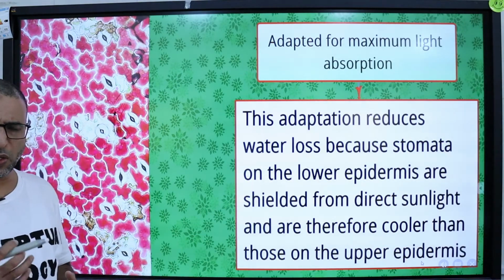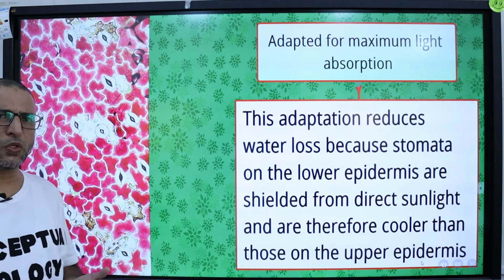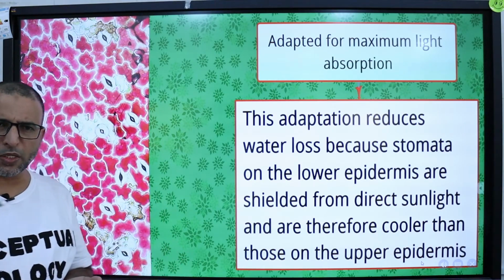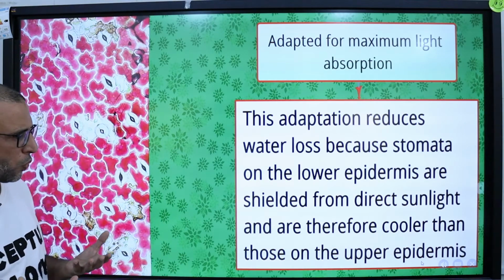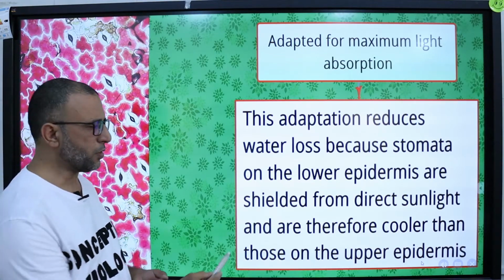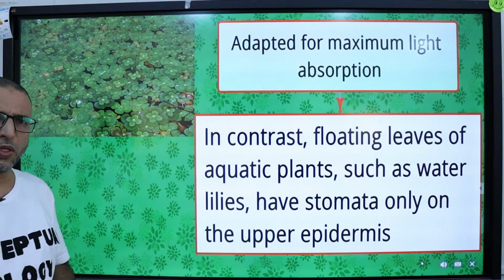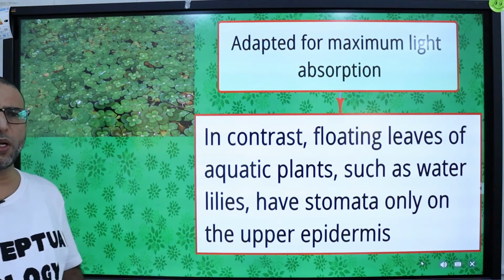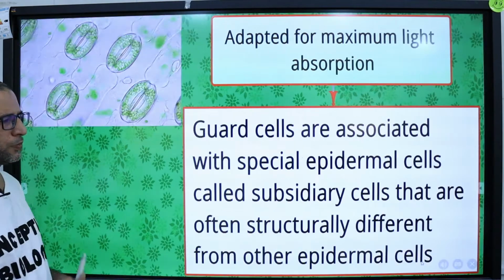This adaptation reduces water loss because stomata on the lower epidermis are shielded from direct sunlight and therefore cooler than those of the upper epidermis. In contrast, aquatic plants such as water lilies have stomata only on the upper epidermis.